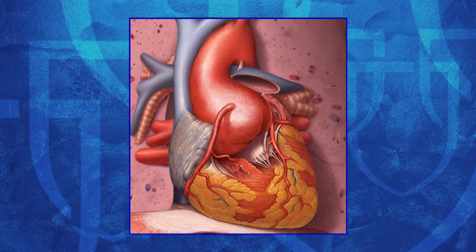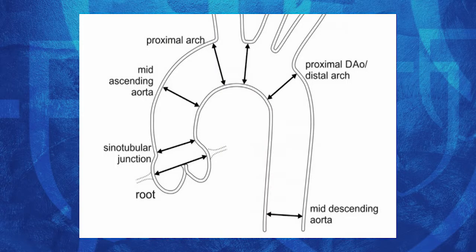Going to the diagram once again, we're talking about this big vessel called the aorta, its origin within the heart, and how it goes up into the chest and then makes a turn and goes down, but only the part that belongs to the chest. There is the root, which is the beginning of the aorta and has the aortic valve.